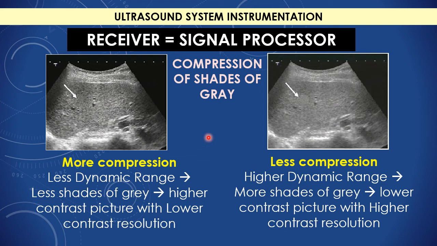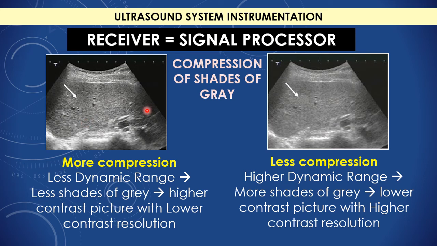Okay, why mention this? Because in some ultrasound machines, the manufacturer puts the word dynamic range as if it is compression. So if you increase the dynamic range, you get the picture going this way, right? Going this way means that you're putting more compression, although the key is called dynamic range. So don't get confused about some machines.